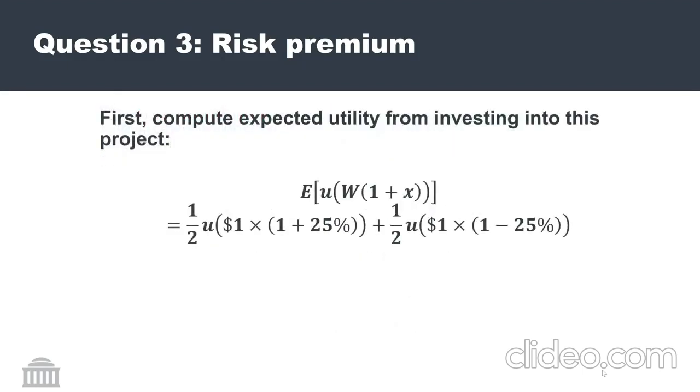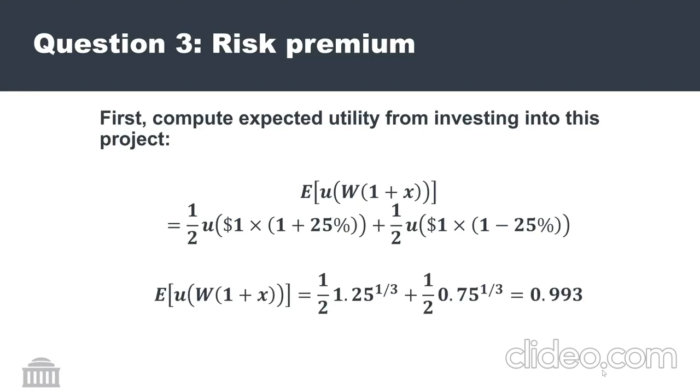Let's first compute the expected utility from investing into this investment opportunity. By definition, it's 1/2 times the utility in the up state, so this is $1 multiplied by a positive 25% return, plus another half multiplied by the utility of $1 multiplied by 1 minus 25%. This is our loss state.